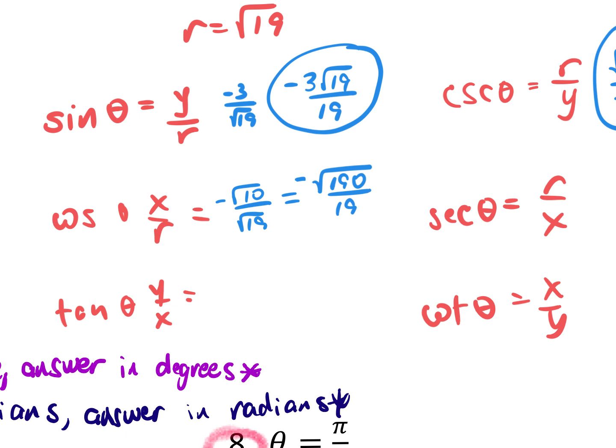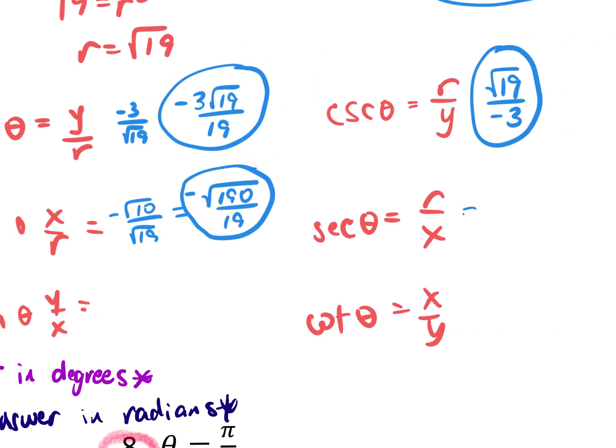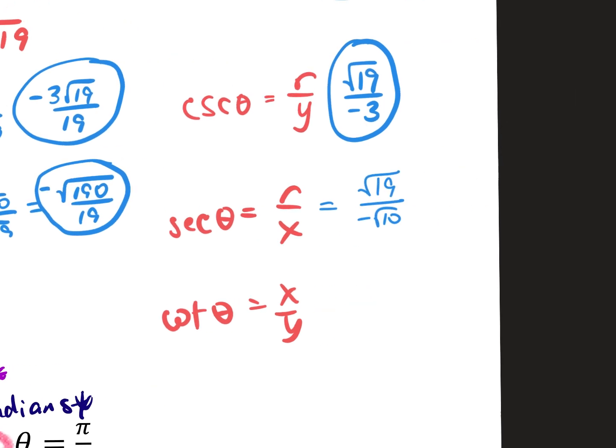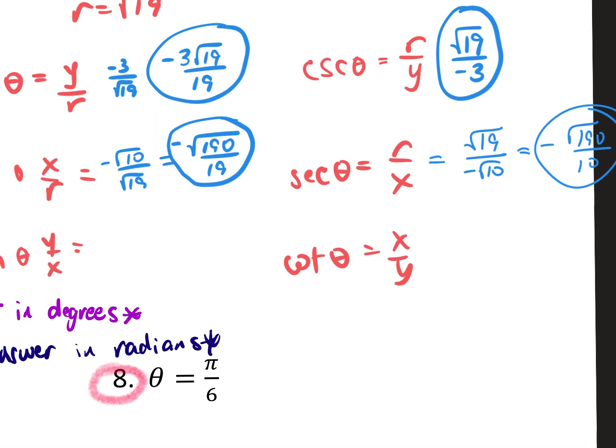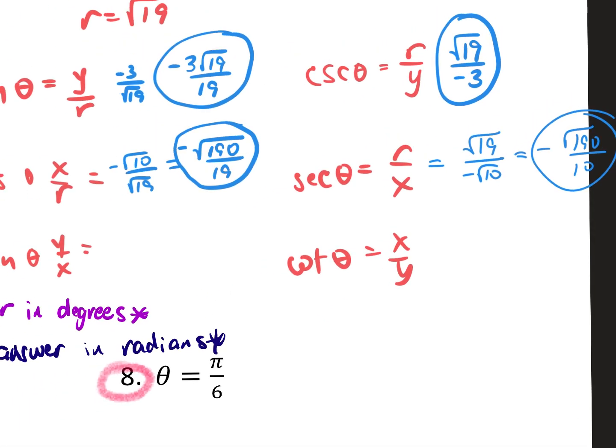But if it did, we would break it down. Over here we're going to do the exact same thing: the square root of 19 over square root of negative 10. Same thing. So negative square root of 190 over 10. Can I simplify that? Doesn't 10 go into 190? It does, but you can't because one's inside, one's outside. If they were both inside of a radical, you could, or if they were both on the outside.